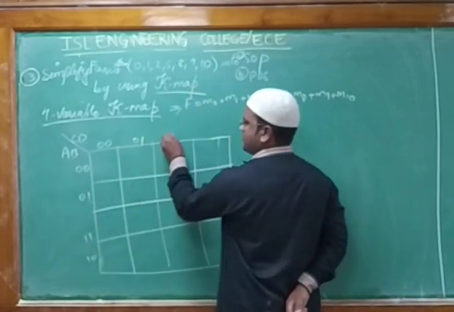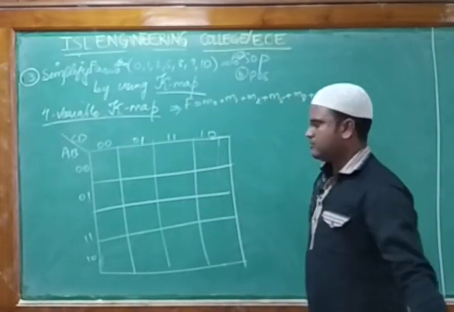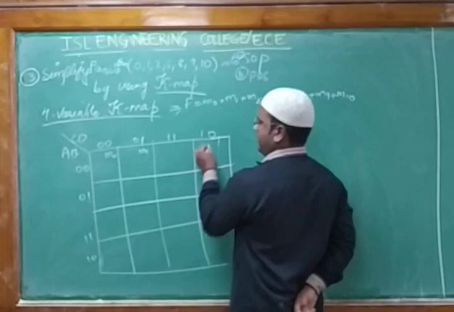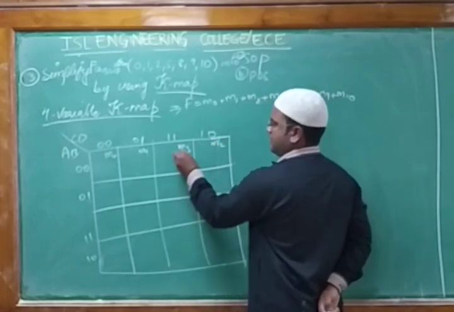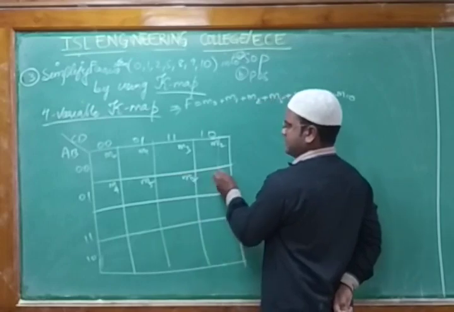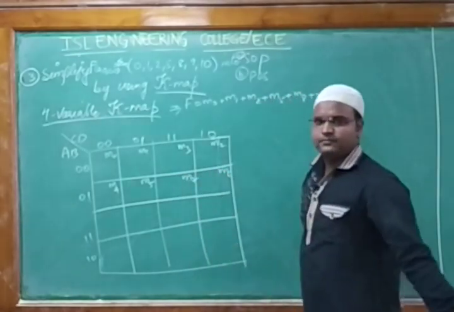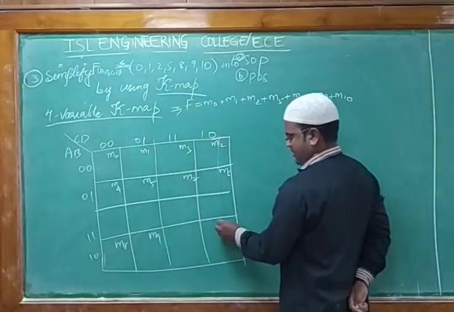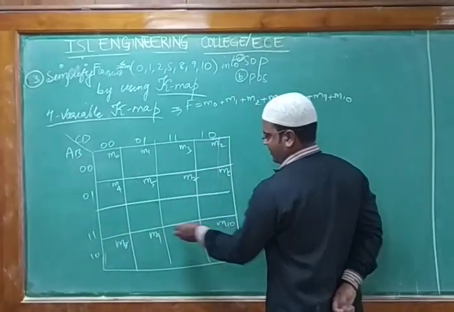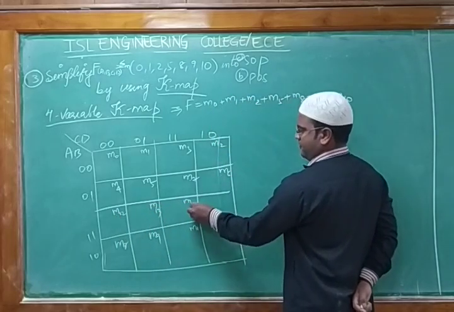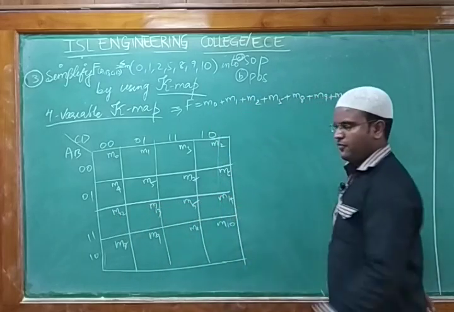Likewise the second one 0 0, 0 1, 1 1 and 1 0. Each box represents a minterm: M0, M1, M2 and M3. Next M4, M5, M6 here and M7. Next M8, 9, 10 and 11. Next 12, 13, 15 and 14. So 14 and 15 we wrote like this.